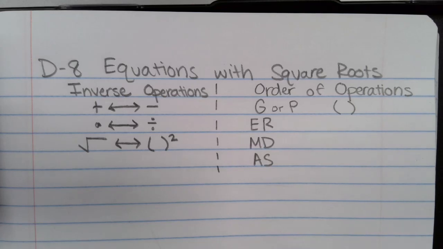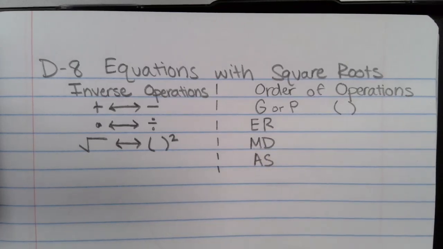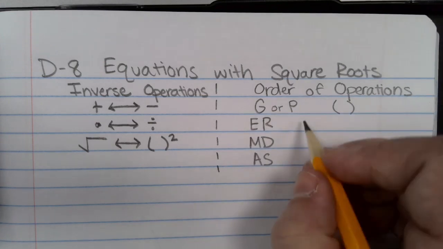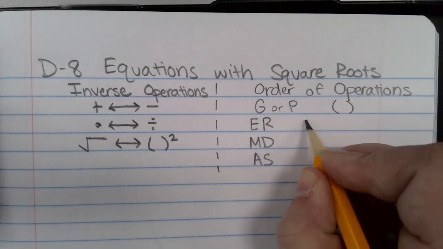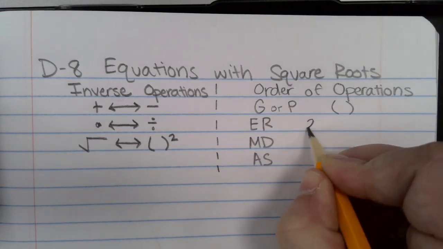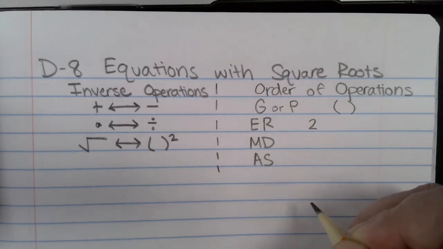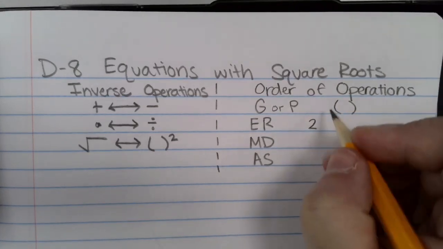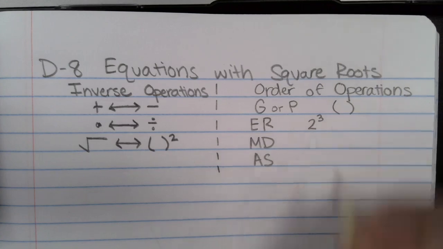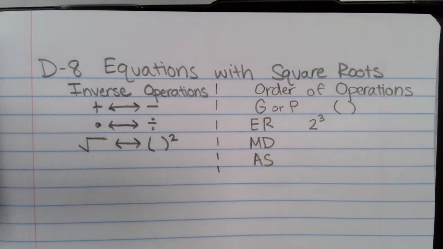All right, what does E and R stand for? Good, exponents and roots. So what would an exponent look like? Like 2 to the power of 3, sure. And I write that 3 really nice and small. And what do we mean by roots? Square root, good.